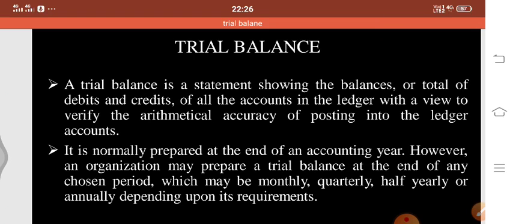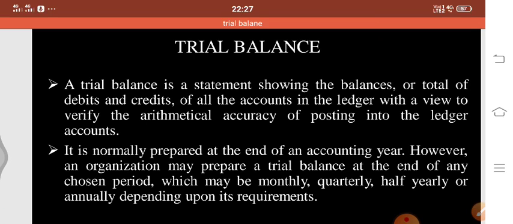Now, what is the meaning of arithmetical accuracy? As we all are human beings, and human beings do make mistakes. While preparing journals, we might have made some mistakes, or even though we have prepared journals correctly, we could have made some posting errors at the time of preparing the ledger.